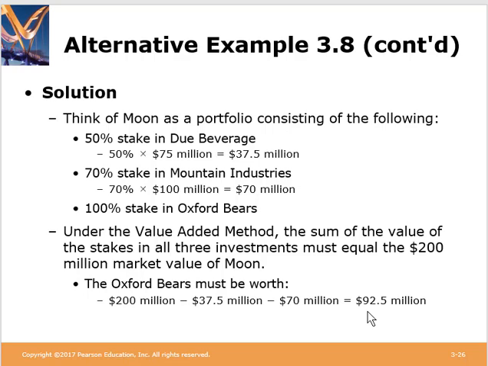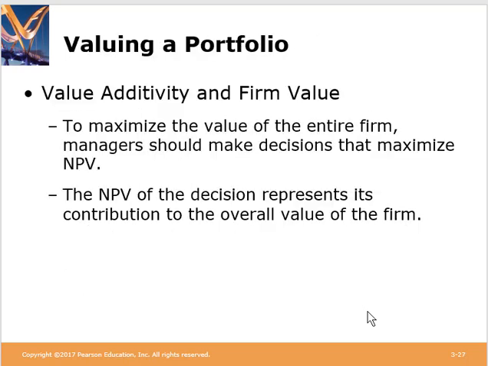And again, under this value additivity concept, the sum of the value of all the things within the company equals the value of the entire company. To maximize the value of the entire firm, then, we need to make decisions that maximize net present value.